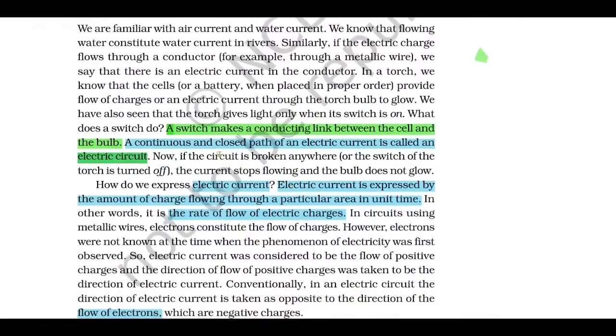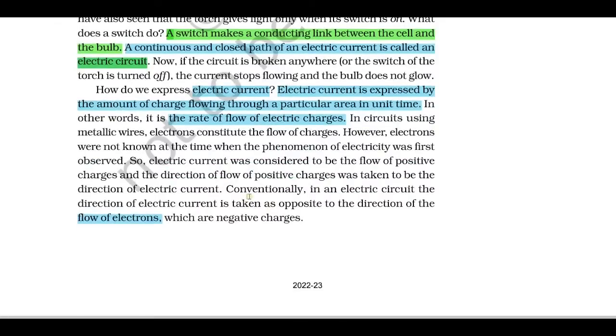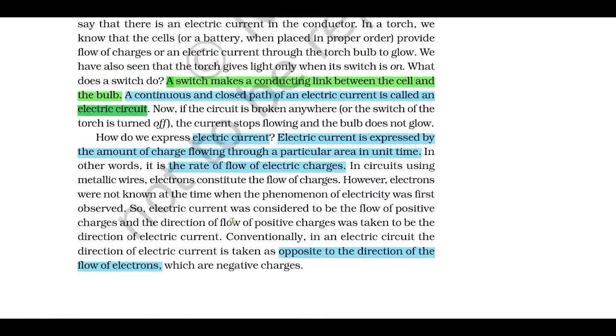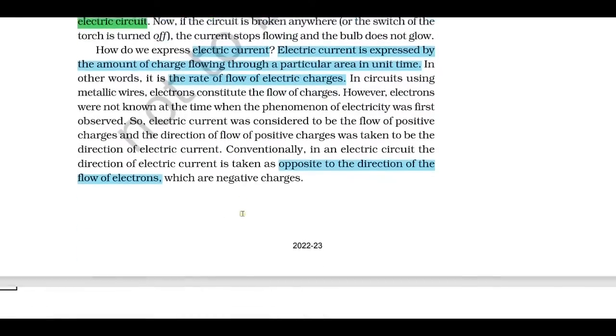What we have discussed is a switch, an electric circuit, the definition of electric current, and the direction of flow of electric current. It is opposite to the direction of flow of electrons, which are negative charges. So these are the important points you can concentrate on in page 1 of the unit electricity.